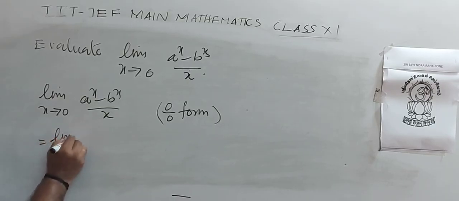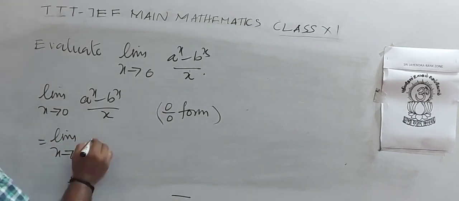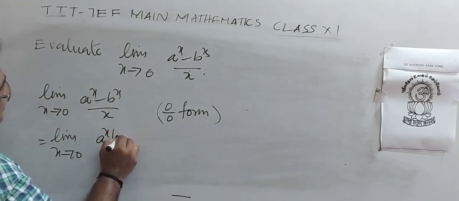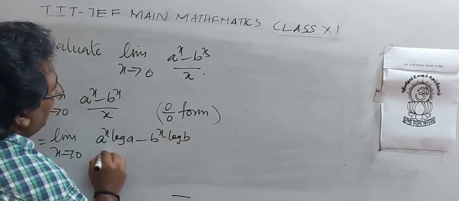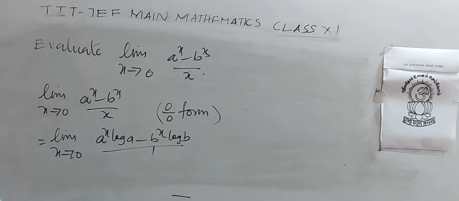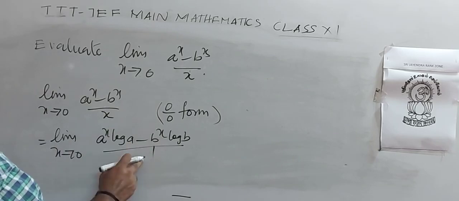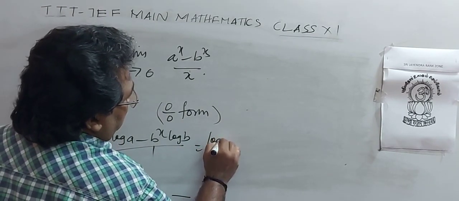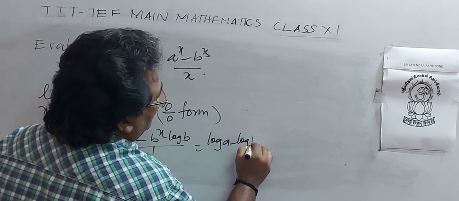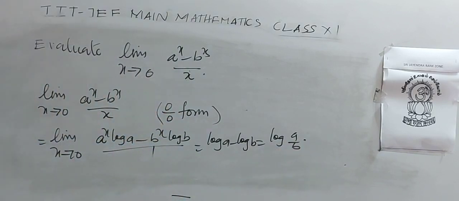Equal to limit x tends to 0 of (a power x log a minus b power x log b) by 1. Differentiate the numerator alone and the denominator alone. Differentiating gives a power x log a, b power x log b, so log a minus log b, that is log of a by b.